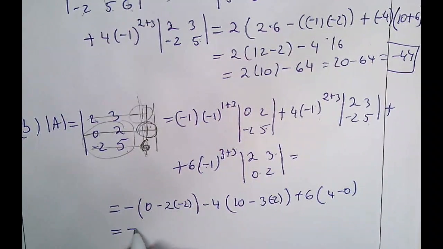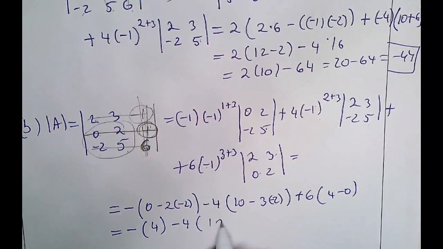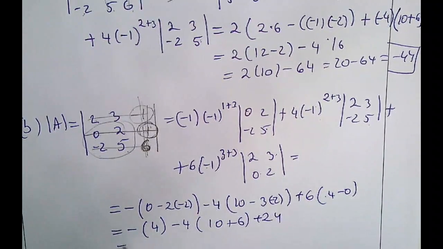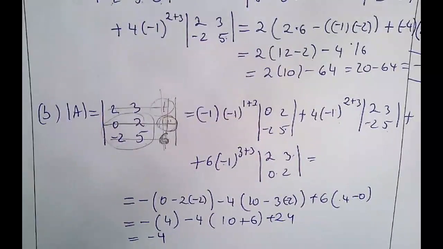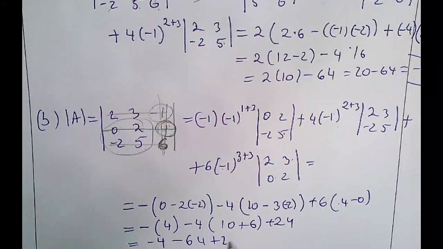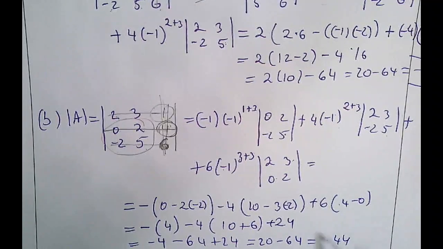So this should give us negative 2 times negative 2 is positive 4, minus 4 times 10 plus 6 plus 24, minus 4 minus 64 plus 24. So this is 20 minus 64, which is also negative 44.